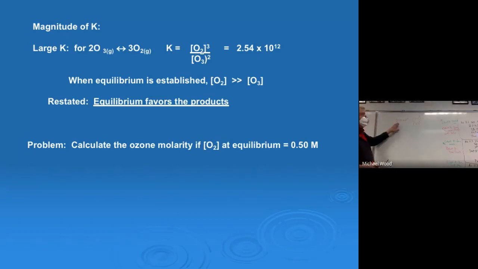So I have the K value. I was given the O2 value, and the O3 value is X. Okay, take a second, solve for X. And again, not that it's hard, you just have to be careful. You just have to not be careless and forget to square or cube or so on.